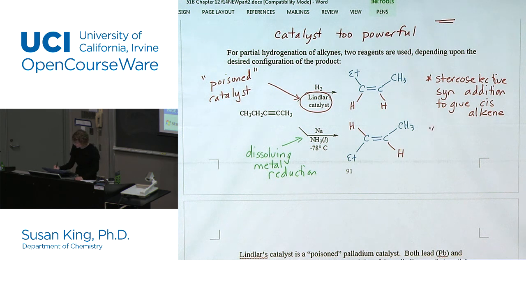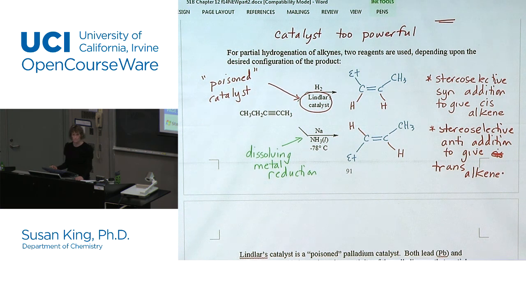All right, so this is stereoselective anti-addition to give the trans alkene. Questions about reduction so far?